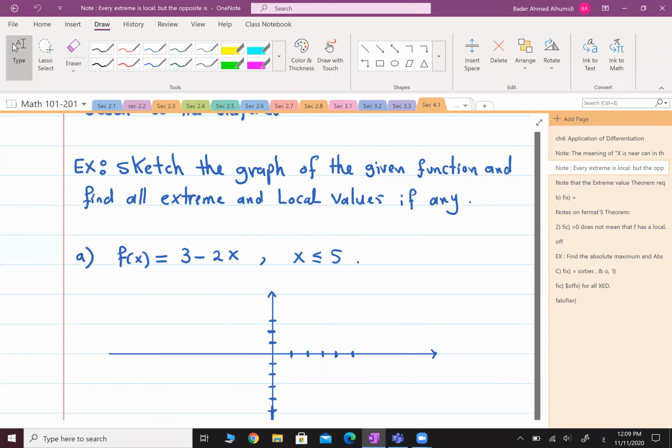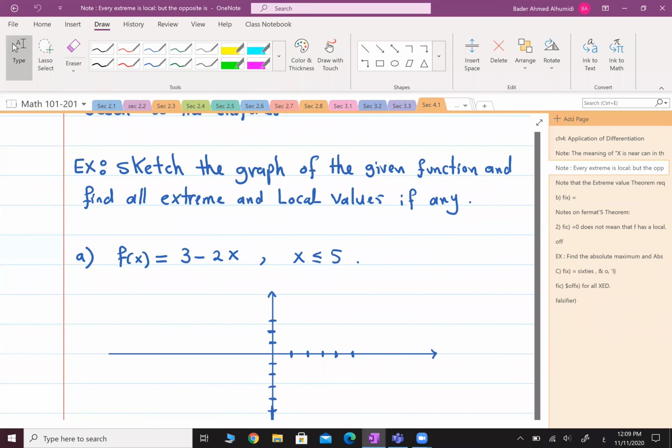We are trying to find a mechanism to find these points. At the first stage, we will try to locate the extreme values and local values if we can graph the function. If we can sketch the graph of the function, we will ask ourselves, can you find it from the graph? That is the first point we need to do.